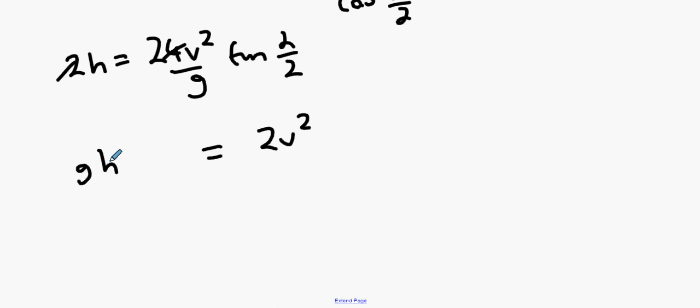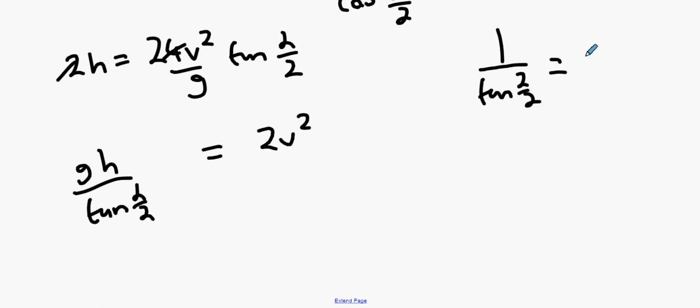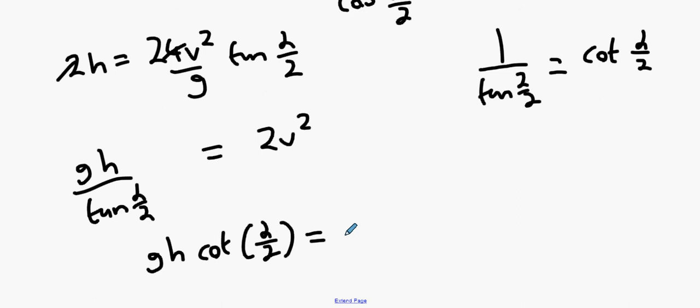V squared on its own is gh tan alpha over 2, and 1 over tan alpha over 2 is cotan alpha over 2. So gh cotan alpha over 2 equals 2v squared.